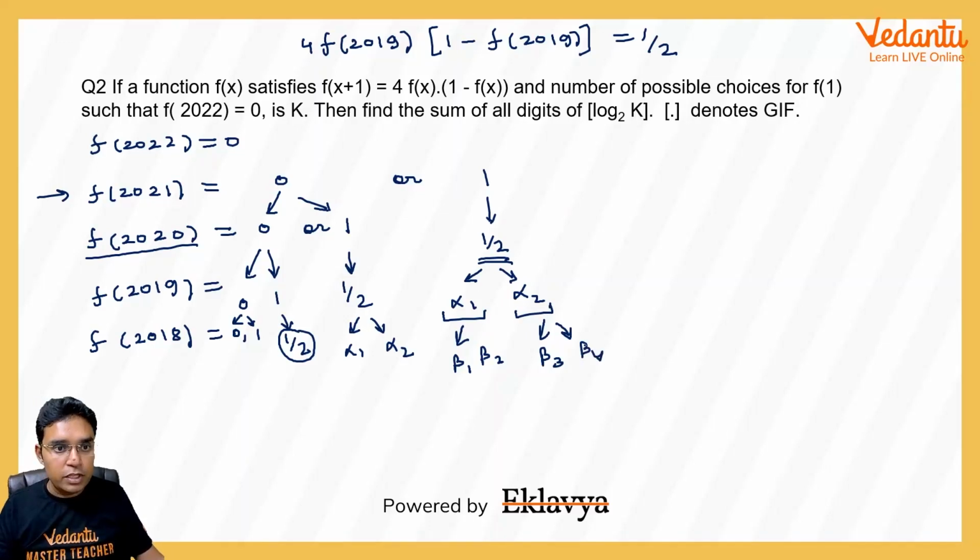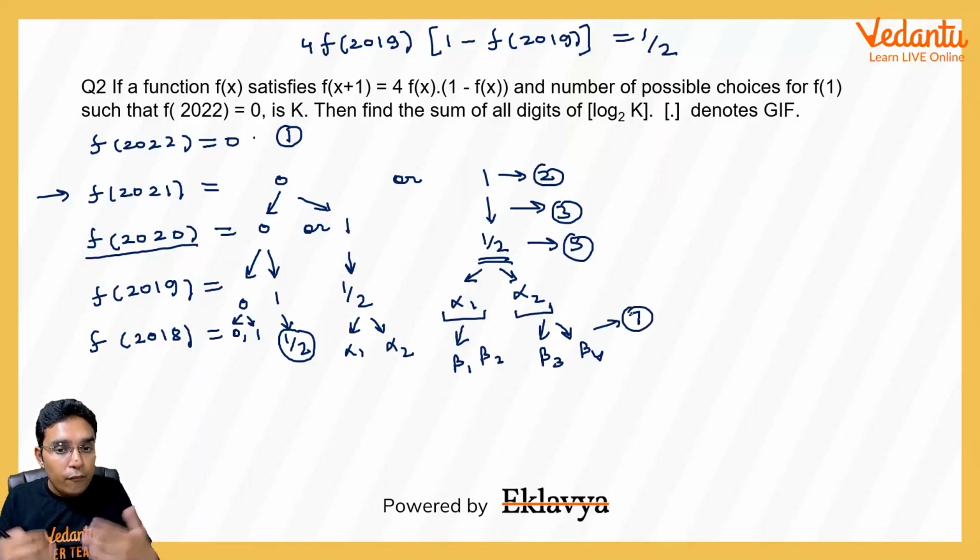So what you can check is that starting with this, there was only one solution, one value for f of 2022, but for 2021 we got two values. Then for 2020 we got three values. Then for 2019 we got 5 values. And now for 2018 we have got 7 values.